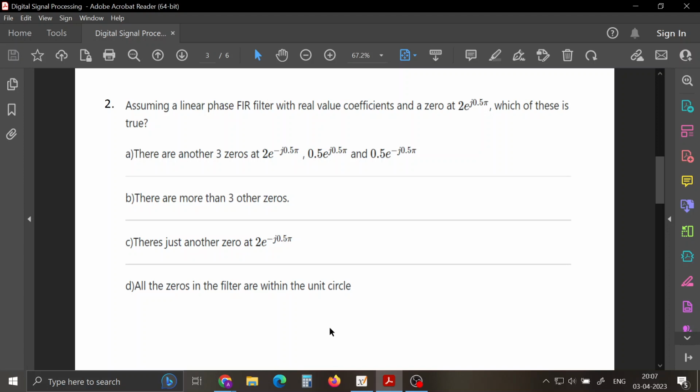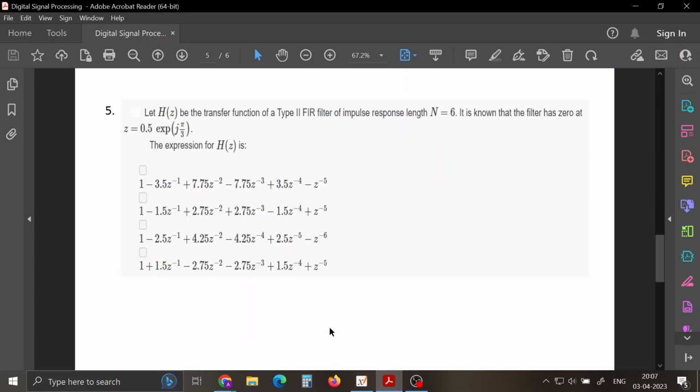We saw that reflection property about the unit circle, and the locations of the 3 other zeros. You can apply that concept here also, since one zero location is already at 0.5 e power j pi by 3, and you can easily find the locations of the other zeros.